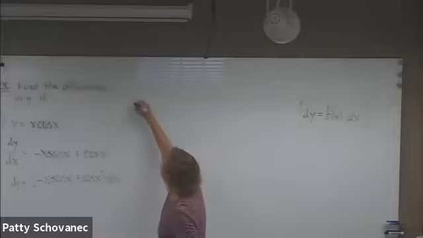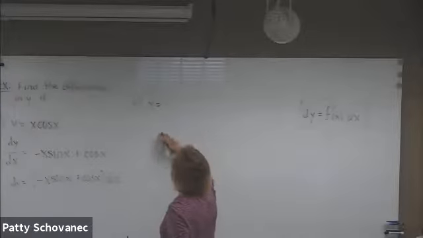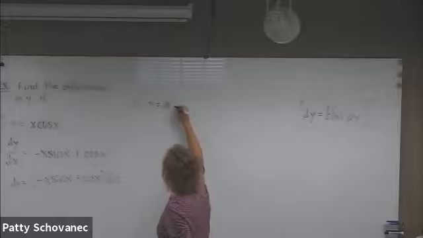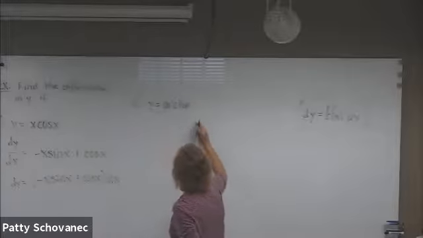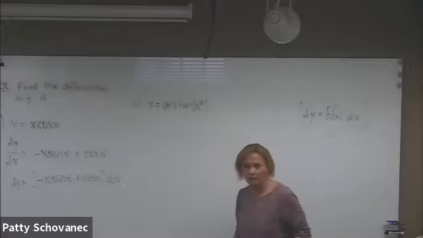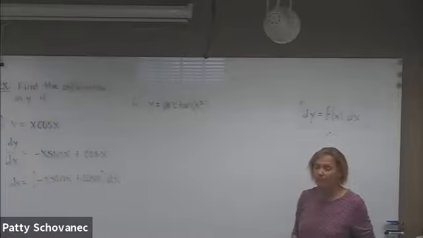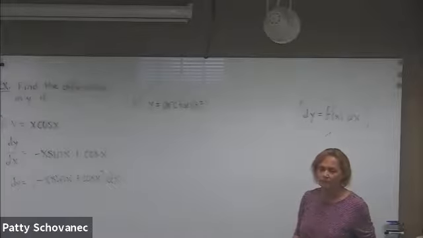Here's part B. That if y is equal to, no, let's just check your derivatives. Arctangent of x squared. Step one, take the derivative. What's the derivative of the arctangent of x squared?